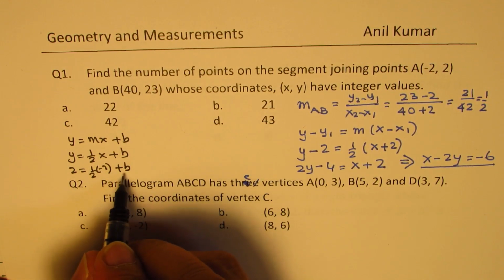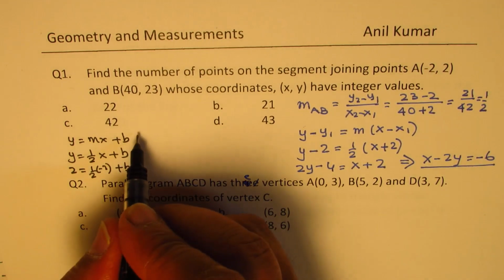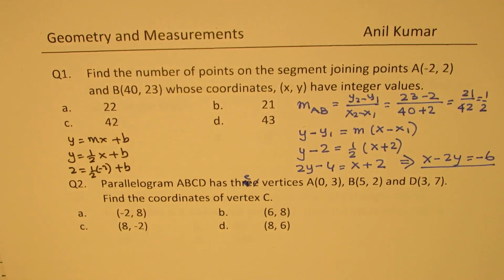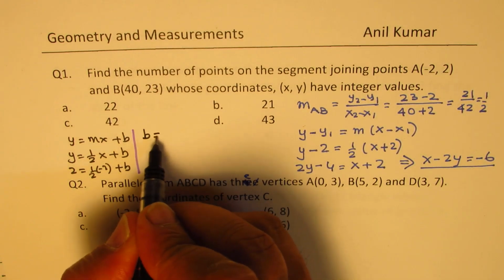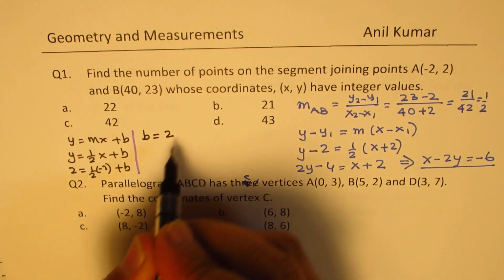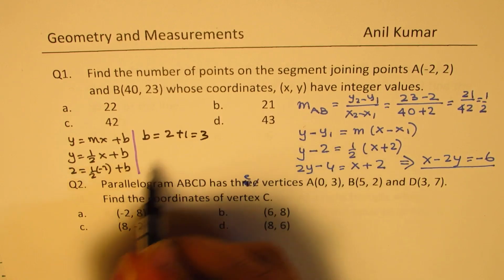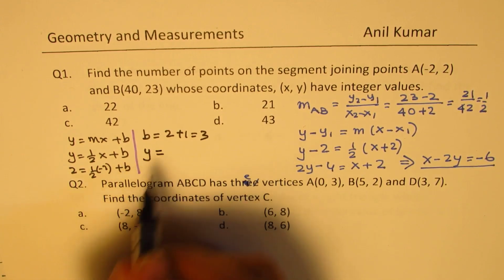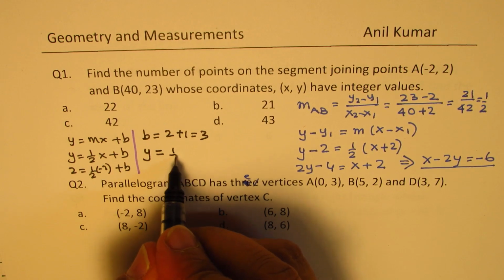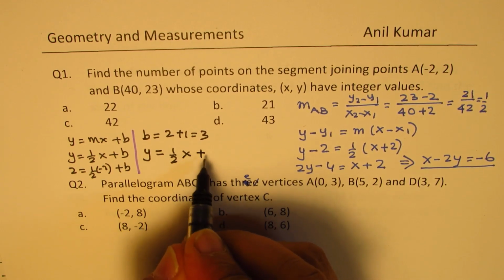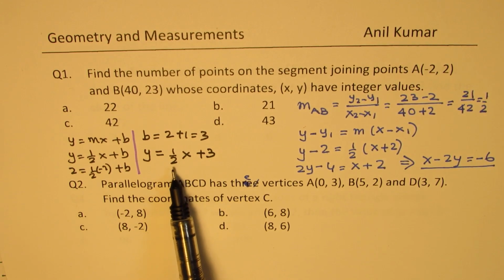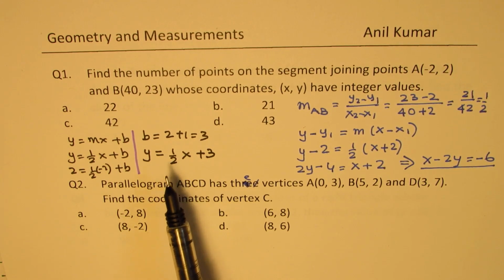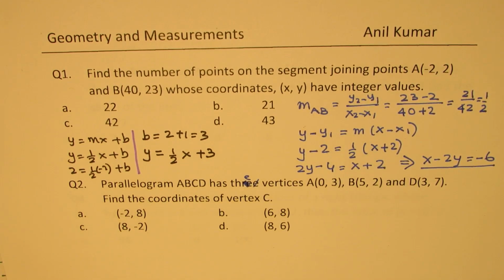So that gives you the value of b as 2 plus 1, that is 3. So we get the equation y equals half of x plus 3, right? Now this is definitely a far better equation to work with when we are looking into integer points, right?